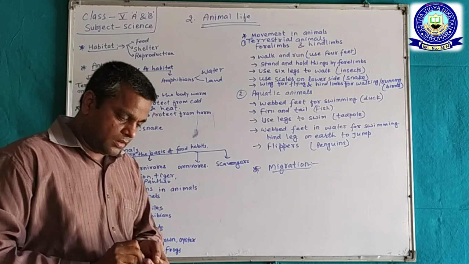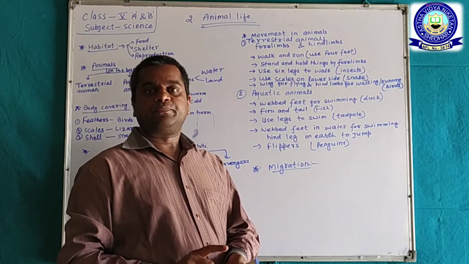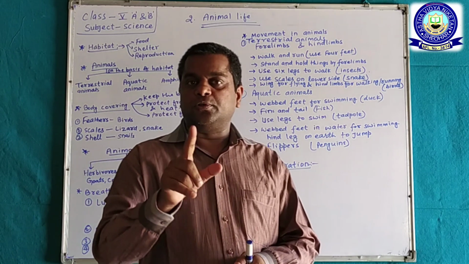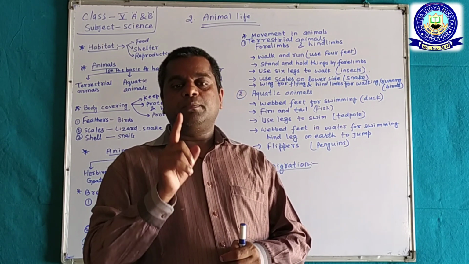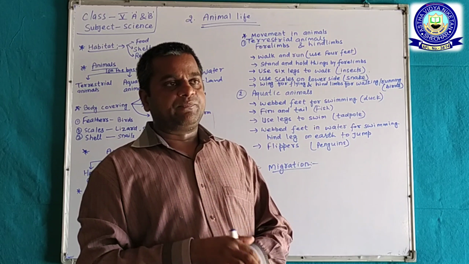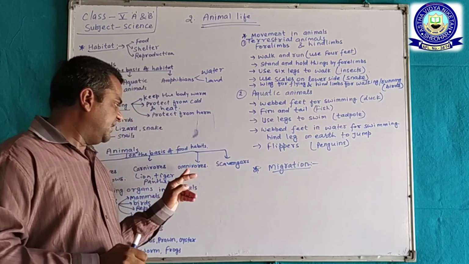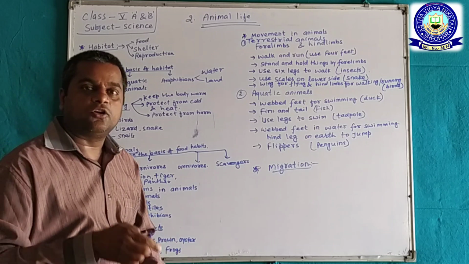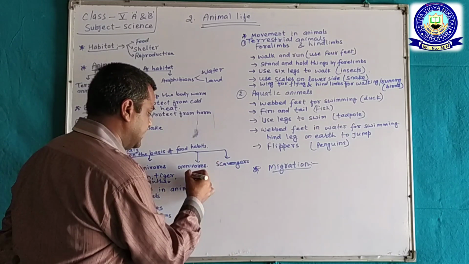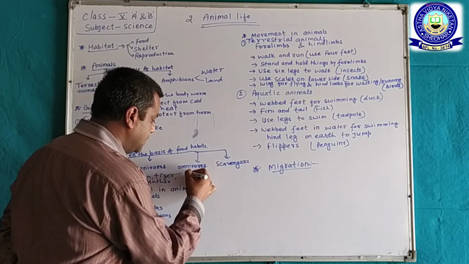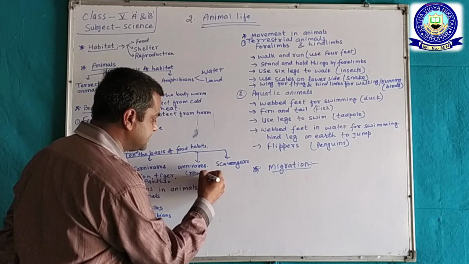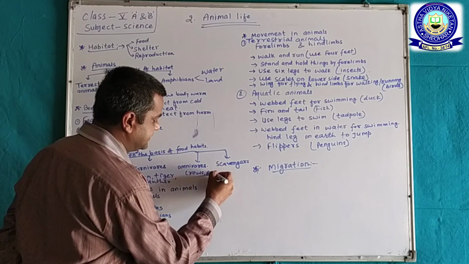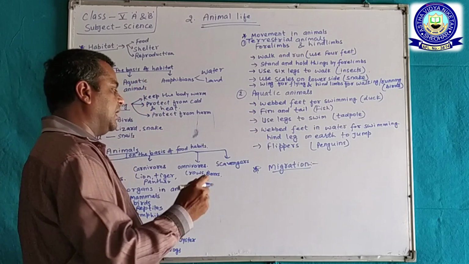Okay. Omnivores, those animals which eat both plants or plant products and flesh of other animals, are called omnivores. As for example, crow, bears, etc. Okay.